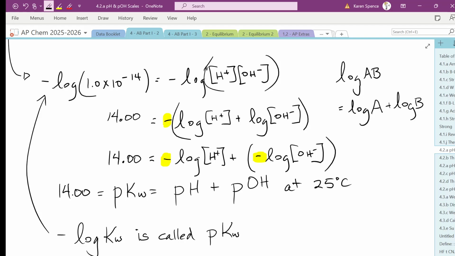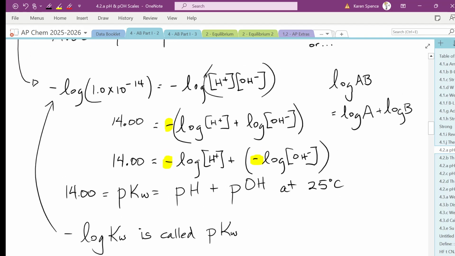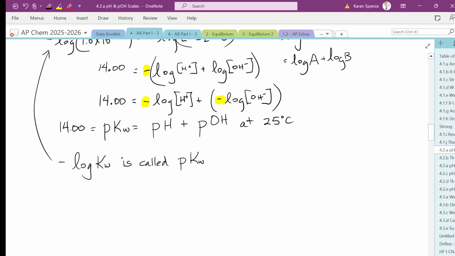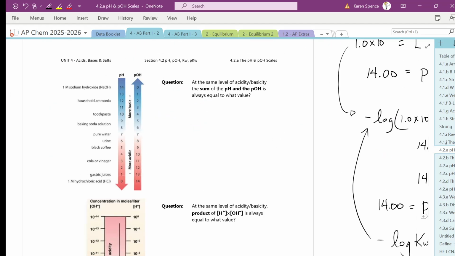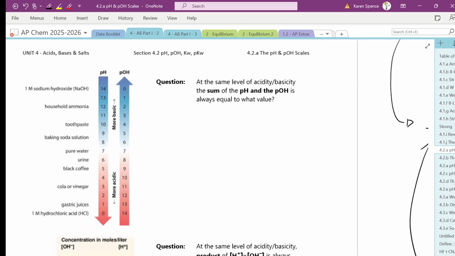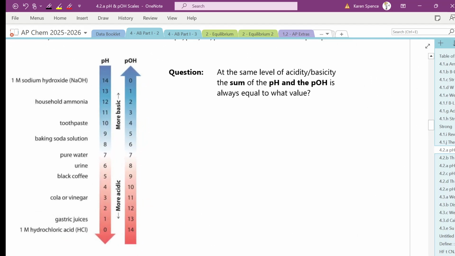Is that good? Okay. We have a whole section on this. It's just to the right of 4.2a. So at the same level of acidity and basicity, the sum of pH and pOH is always equal to 14, at 25 degrees Celsius.